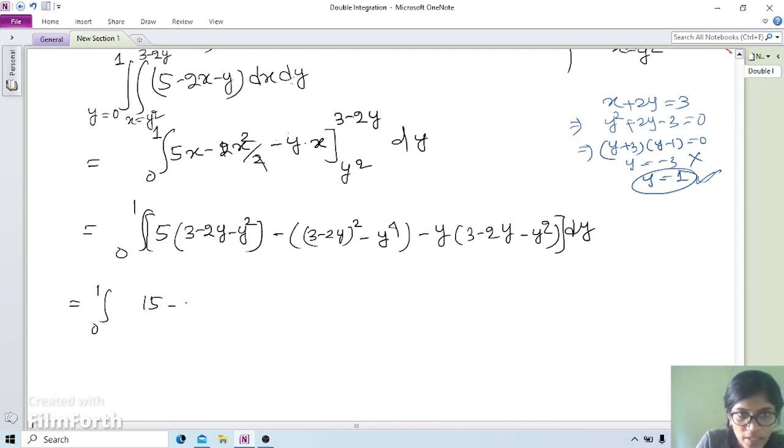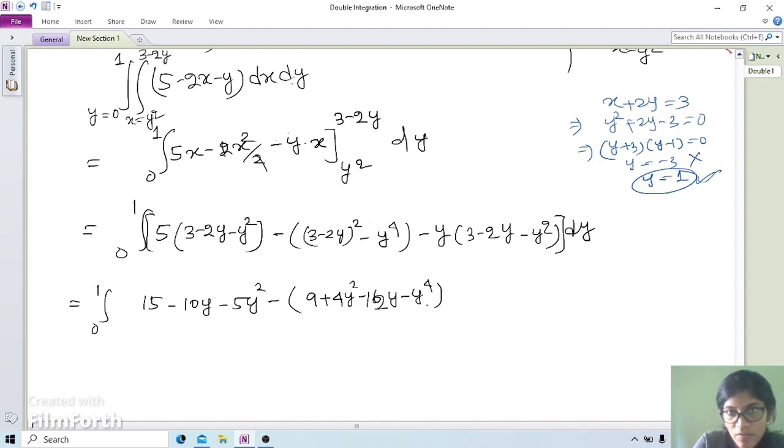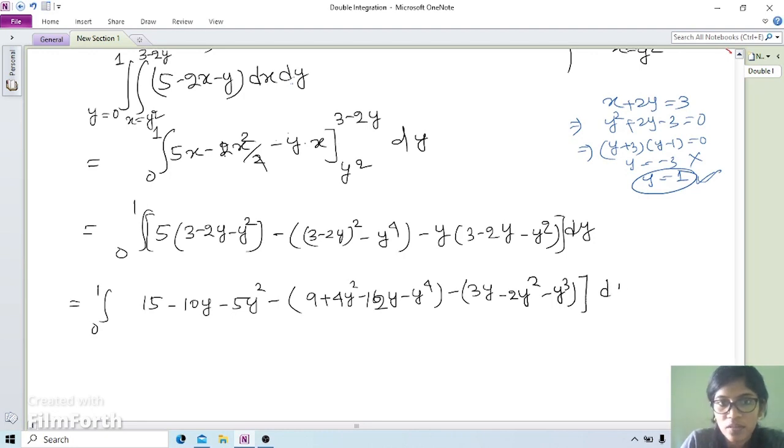5 into 3, 15, minus 10y, minus 5y square, here minus 3 square 9 plus 4y square minus 3 into 2 into 2, 6 into 2, 12y, minus y to the power 4, minus 3, minus 2y square, minus y square, from 0 to 1.